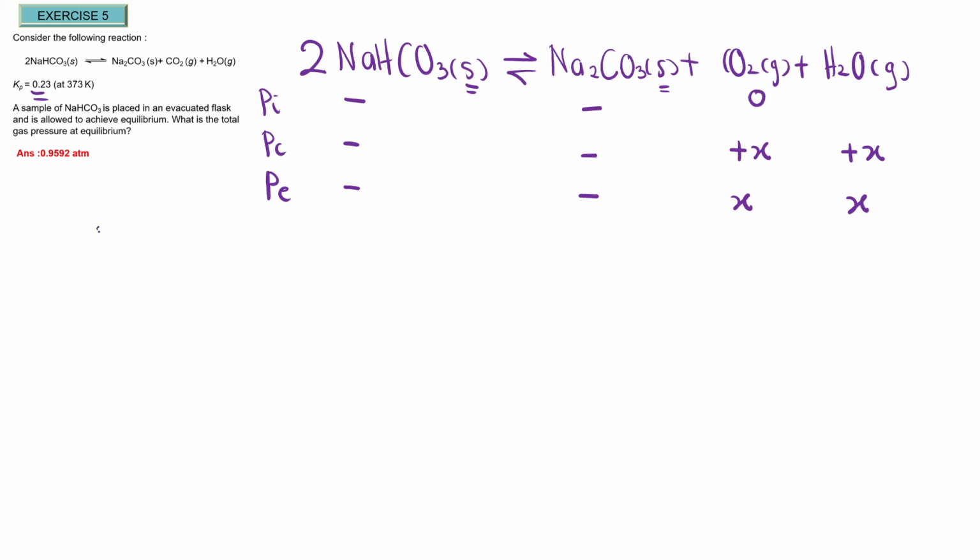So Kp is equal to partial pressure CO2 times partial pressure H2O, which is equal to x times x, and equal to the given Kp, 0.23. So x is equal to the square root of 0.23.